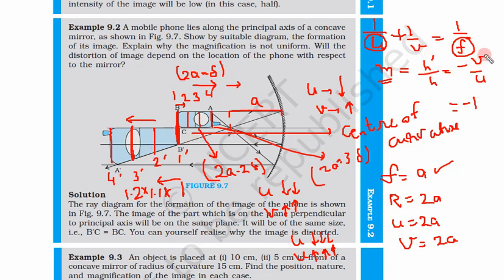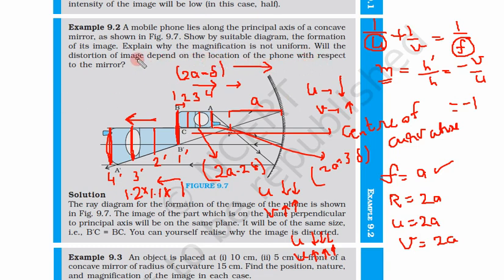So v is very large, u is very small, so magnification is very high. We have already seen that as u gets towards the mirror, the image will be more distant from the mirror. Hence the magnification will definitely depend on the location of the phone.